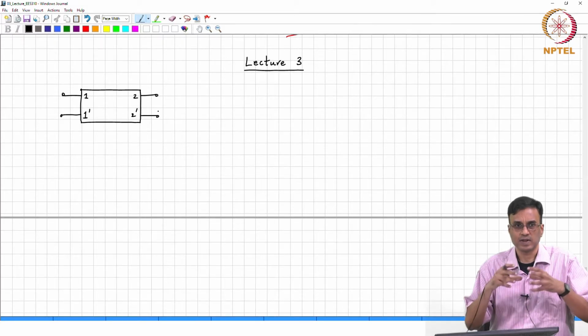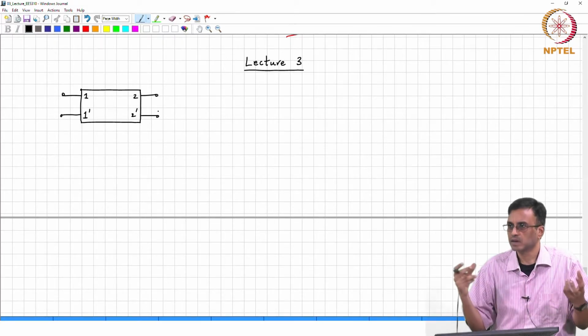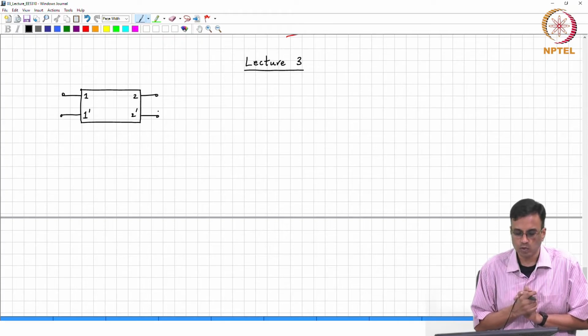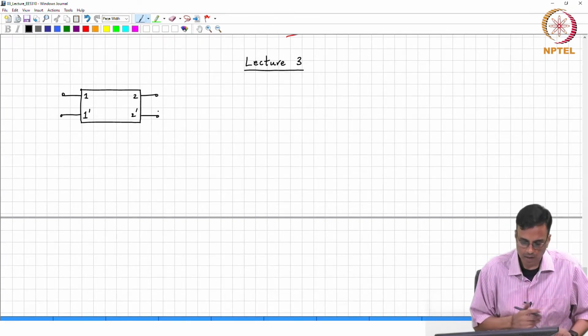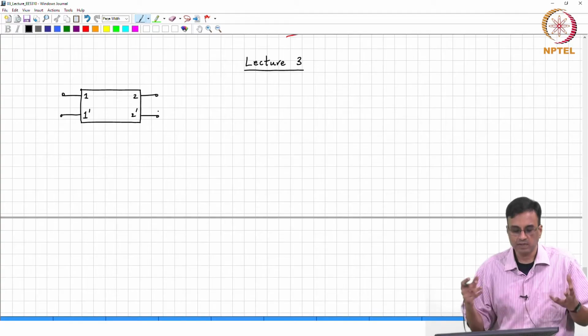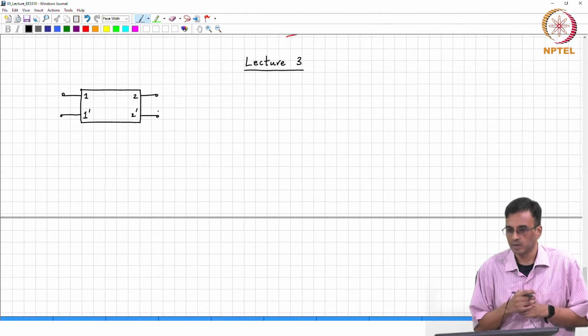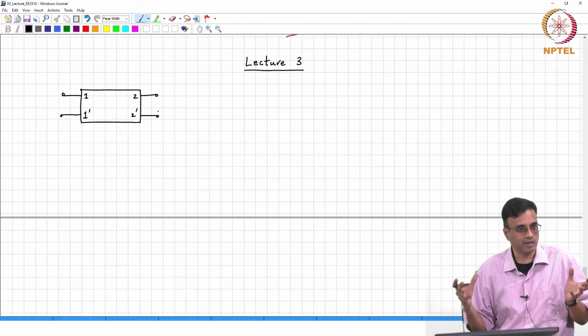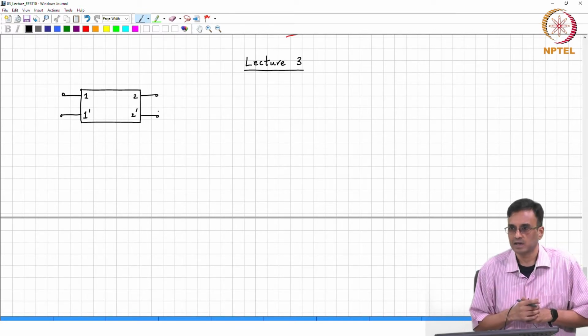However, as far as the outside world is concerned, you have just access through two ports, and there are many ways of describing the behavior of this box as far as the external world is concerned. You have seen this in your prior classes. How can we model this linear two port?